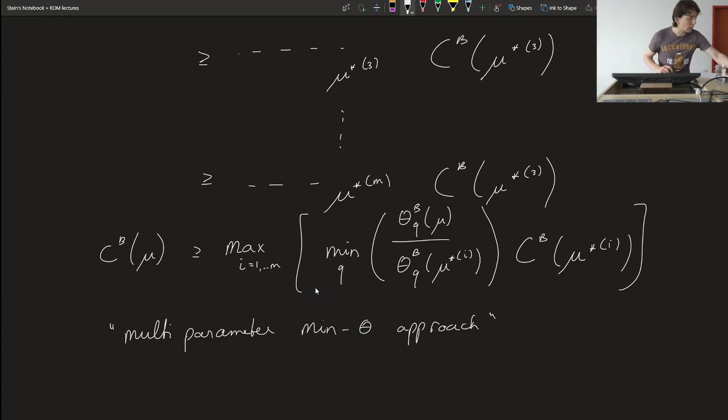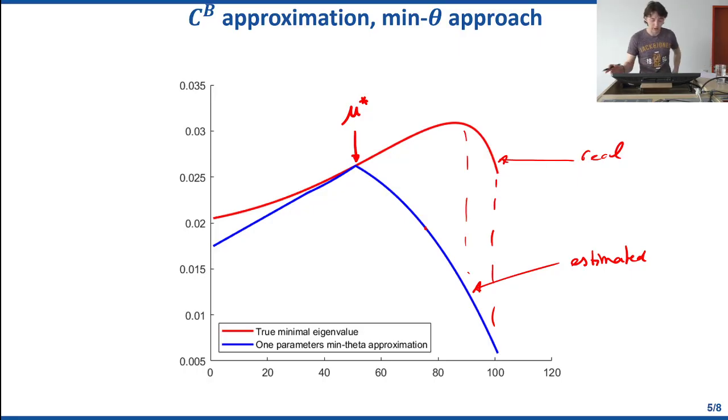Okay, so how well does that work? Well, I can actually show you. This was again with the one parameter, so that's why this was already in the legend here. So this is a one parameter min theta approximation. And if I now add a bunch of these reference locations, mu star 2, and also on the edge, we get mu star number 3, and maybe another one over here.